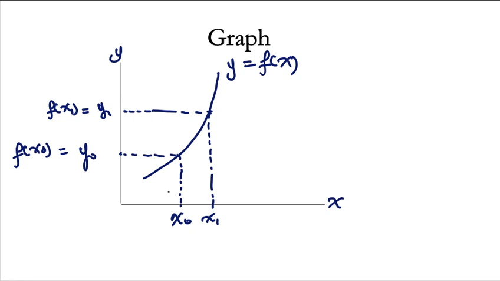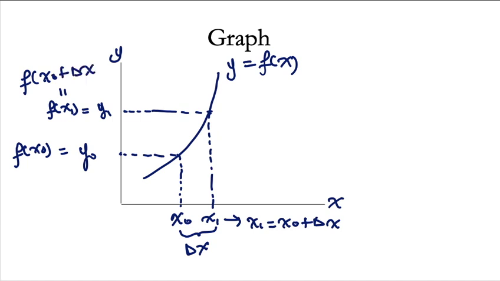And I did mention to you, let's say x changes from x0 to x1. Therefore, this one is change in x. As a consequence, x1 can also be rewritten as x0 plus change in x, isn't it? And because of that, f of x1 here can also be rewritten as f of x0 plus change in x.